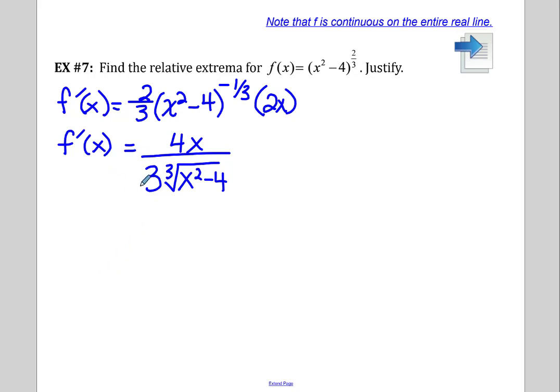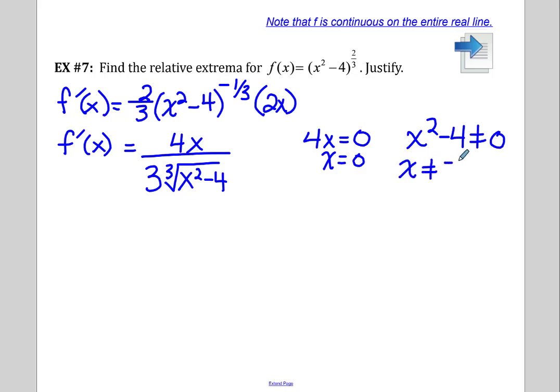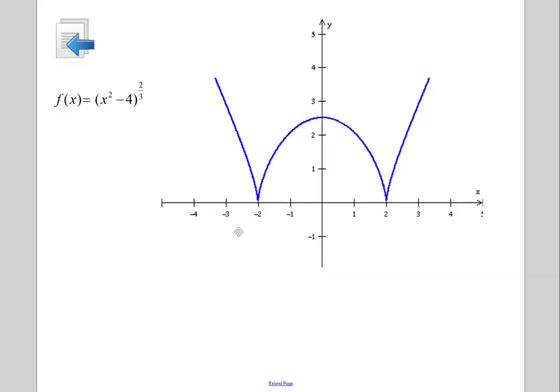So here's what we know. We know that 4x equals 0, so the numerator is 0 at 0. But the denominator can't be 0, which means we have a derivative that doesn't exist at 2 and -2, and that's what we saw in the graph picture.